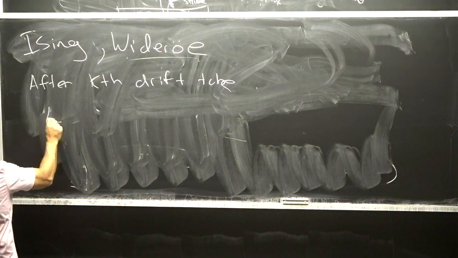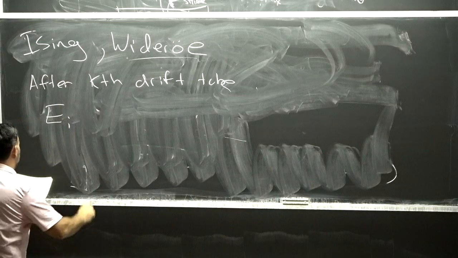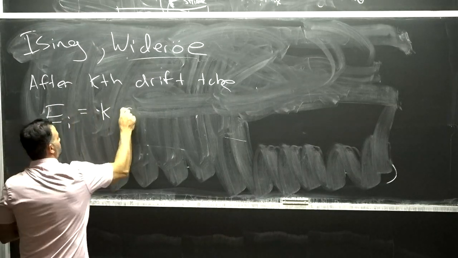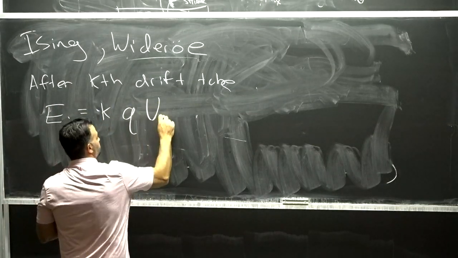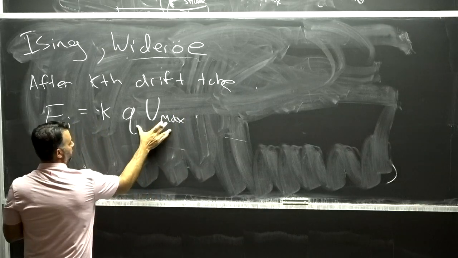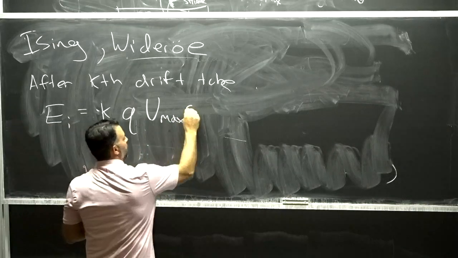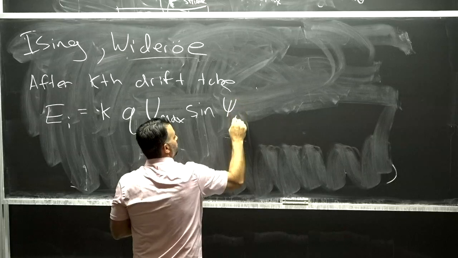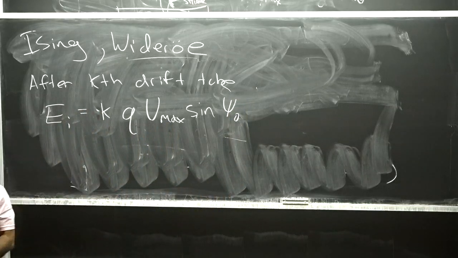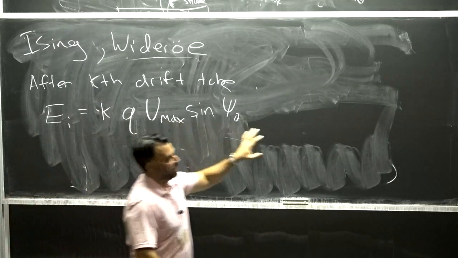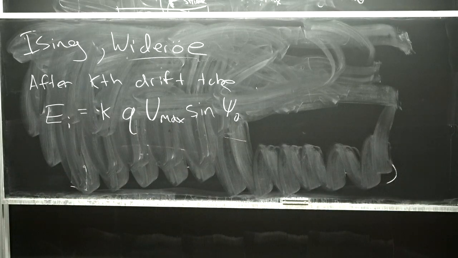So I'll have that the energy of my particle will be up to k times q U max. Okay, so the potential times the charge. And then what is the actual phase of my electromagnetic wave that I see? Okay, so this is the average phase that I see in these drift regions here.